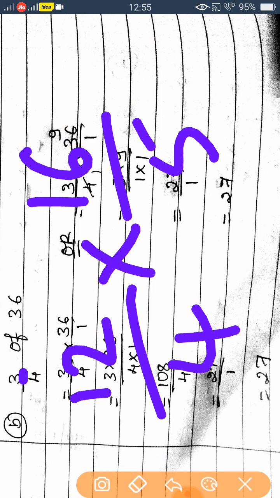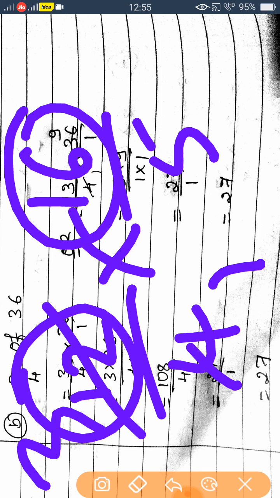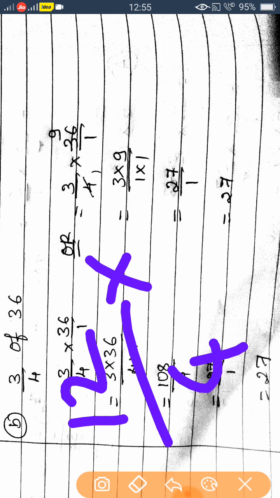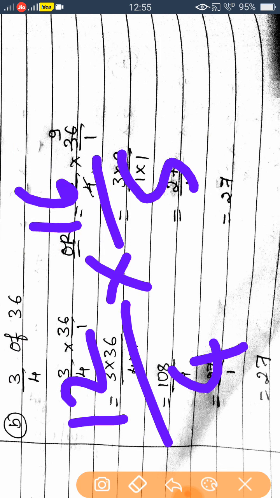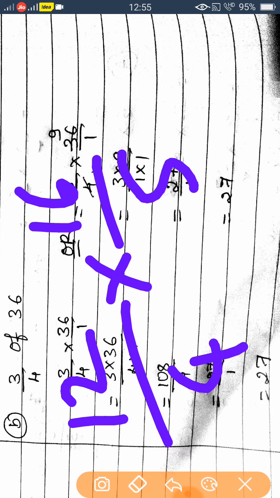See, 12 comes in the table of 4, 16 also comes in the table of 4. We should not cancel all. No, only once we can cancel. Means if you have written 12 by 4 into 16 by 5, either you can cancel here or here. Only one way you can do it, not both.